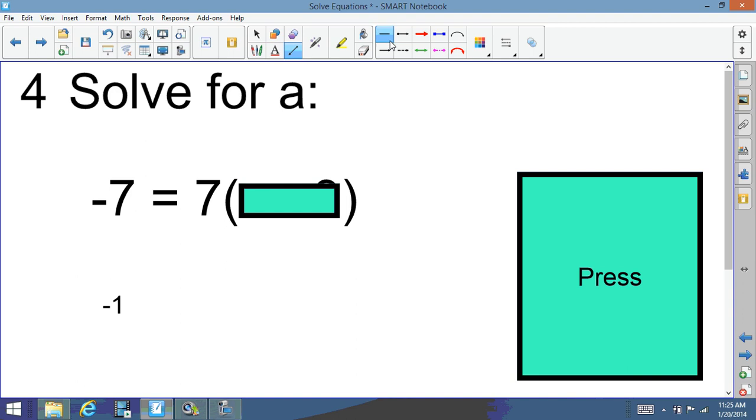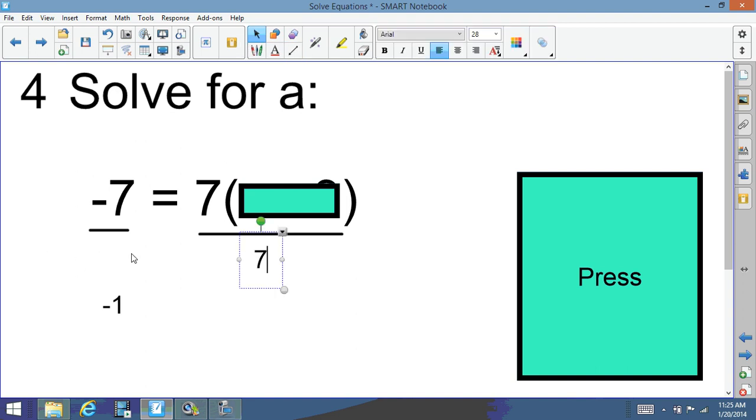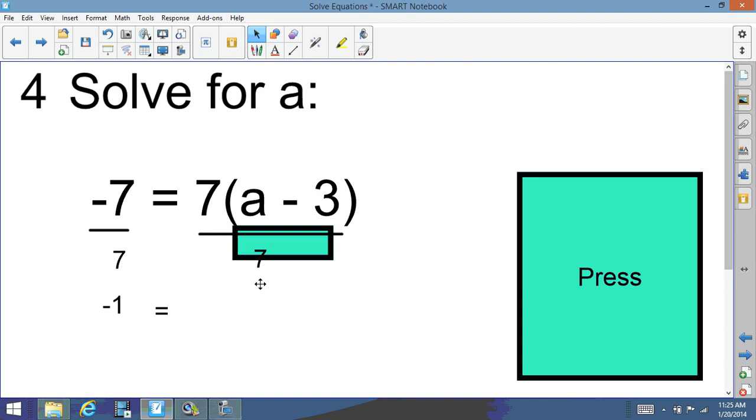So if I divide this side and this side by 7, you'll see I get that negative 1 on this side. And on this side, I'll just have what was left inside the parenthesis, my box.